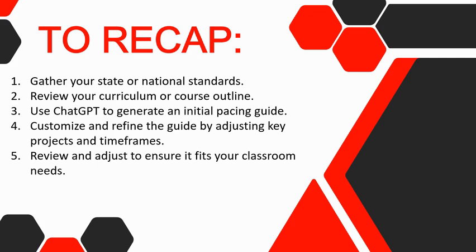So then you will use ChatGPT or a similar AI tool to generate an initial pacing guide. And then, of course, you can keep prompting, and the more that you correspond with the AI, the more details that you give it, the better outputs you're going to get. So you can customize it and refine it by adjusting key projects, timeframes, and just keep on reviewing and adjusting until it fits your classroom needs.